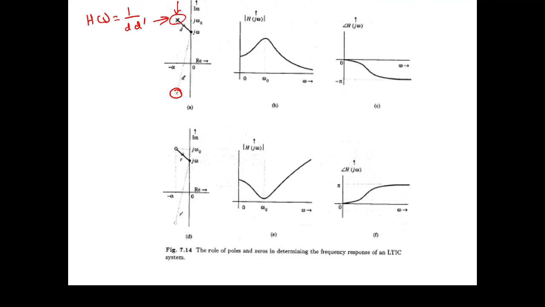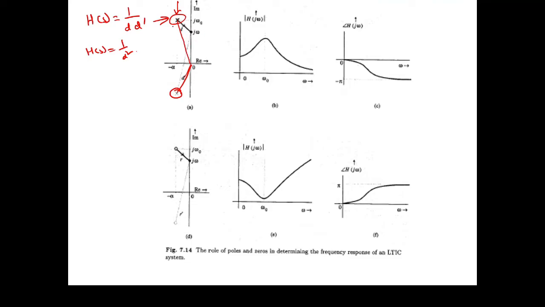Now if I have to find the frequency response, first I have to start with 0. Over there, the distance of the original pole and the conjugate pole would be nearly similar. So this Hs would become nearly equal to 1 by d square.